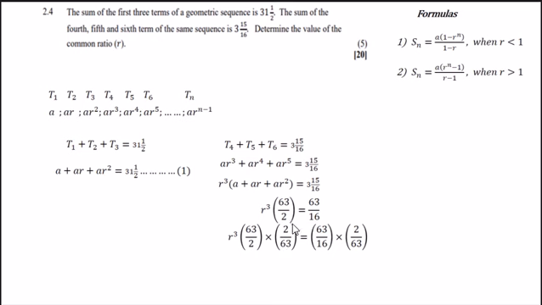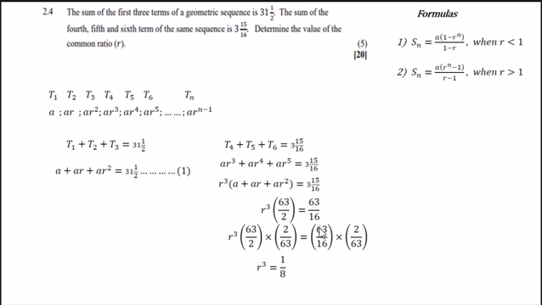The inverse of this, we swap the numerator and the denominator: 2 over 63. Remember, whenever you multiply inverses together, you get 1. So the product of any inverses is 1. These two are inverses, so we get 1. That's why on the left we'll be left with r cubed.